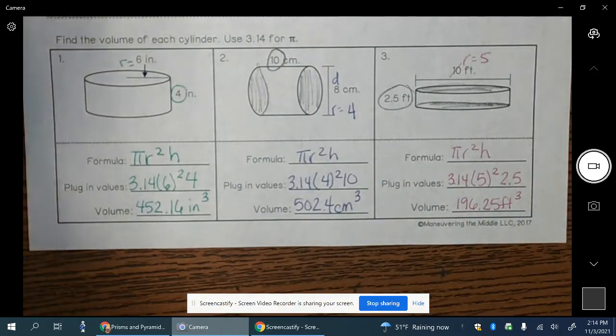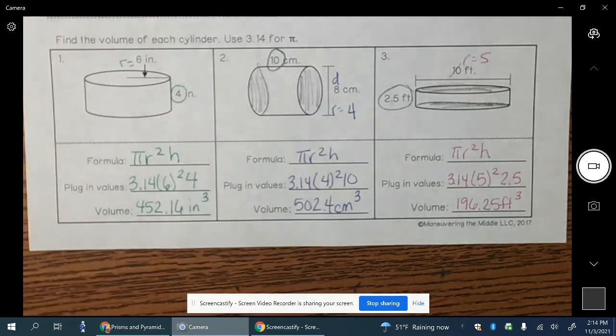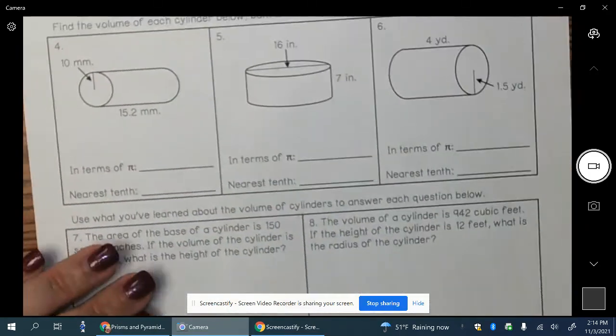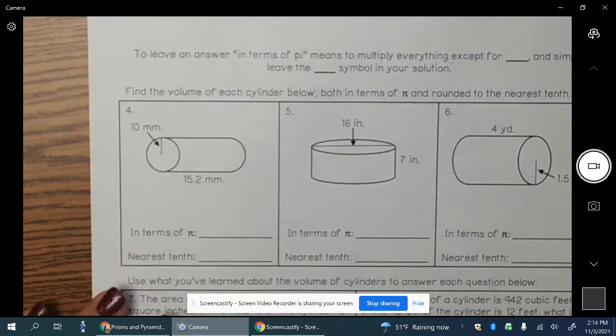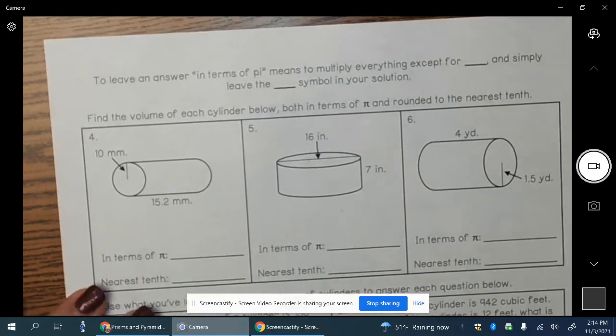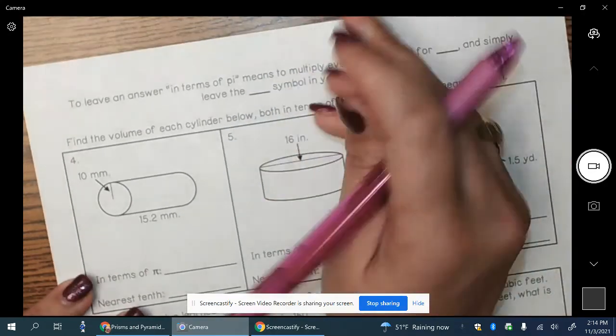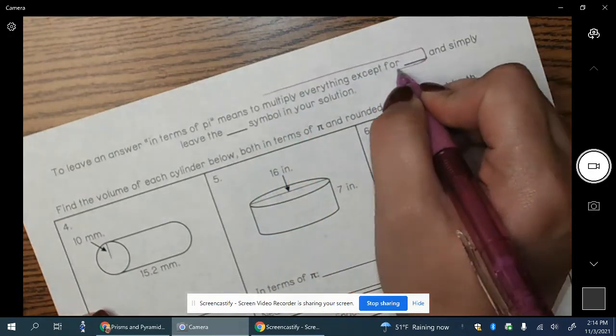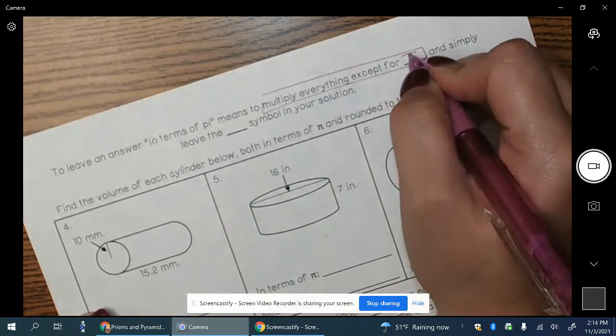We're not doing those word problems, but I do want to do the ones that leave it in terms of pi. I don't know why the state thinks that we need to test in terms of pi. It does give you a more exact answer, but in real life, you'll never leave it in terms of pi. So you're going to multiply everything except for the pi symbol.